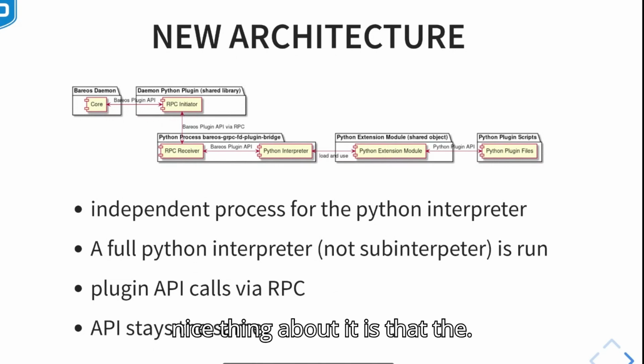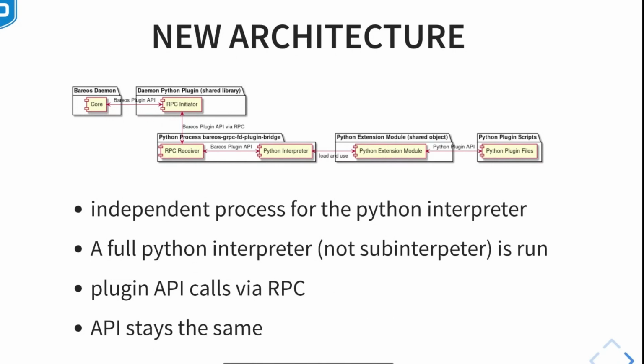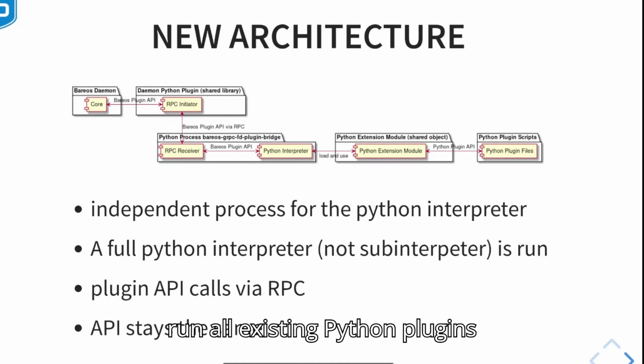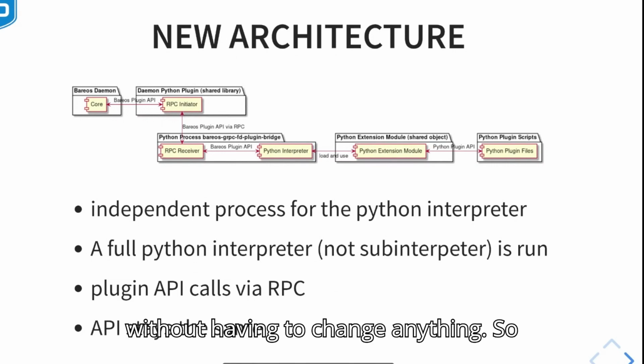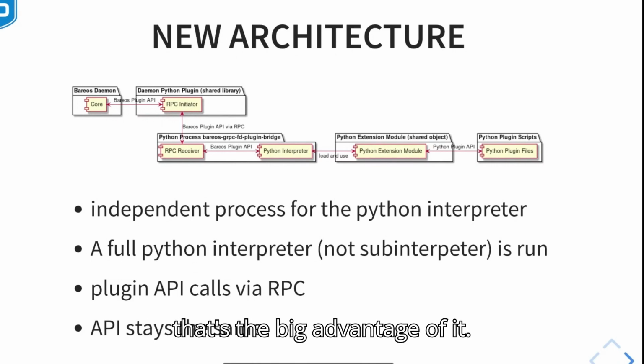So the very nice thing about it is that the API is the same, so you can run all existing Python plugins in their own sub-process without having to change anything. So that's the big advantage of it.